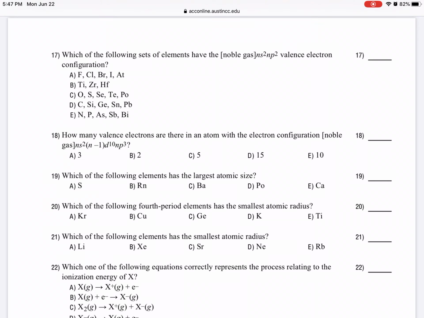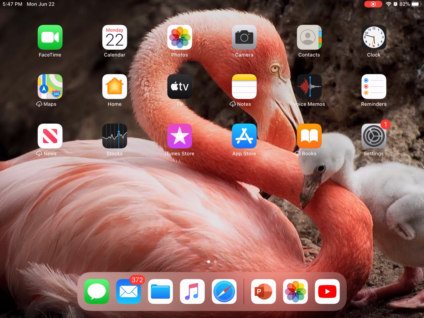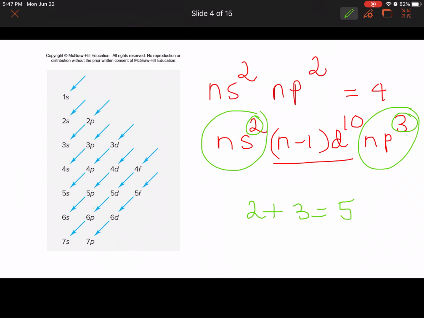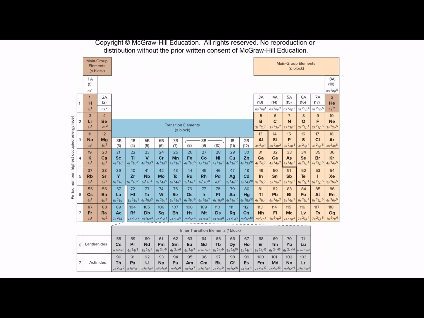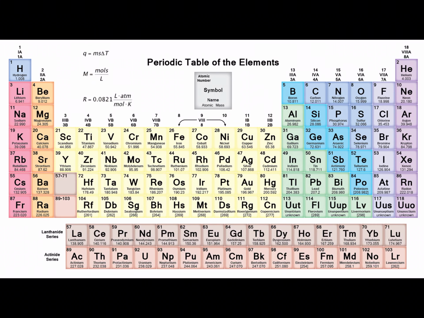So you can refer to the periodic table. We have the periodic table here also. So our elements are sulfur, radon, barium, polonium, calcium.